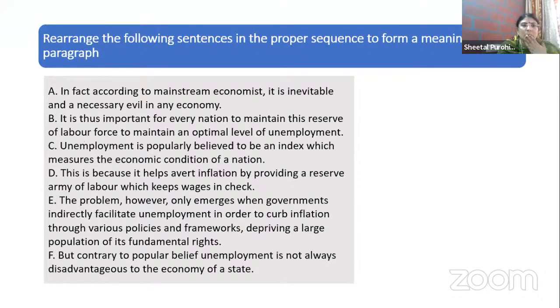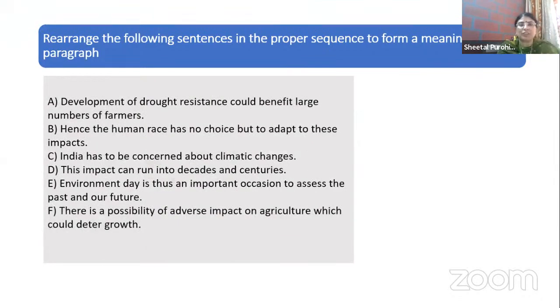Okay, till this one we have already done. Now we'll do some more questions, where again you have to rearrange the sentences into the form of a paragraph.